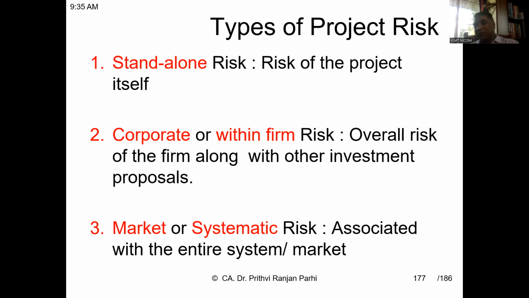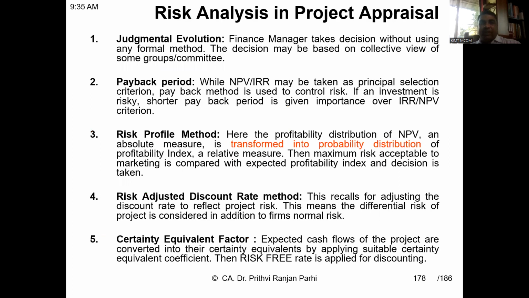This is the risk which is associated with the entire market. So these are the types of risk we see in a project. Now, these are the various methods of analyzing the risk. We'll stop here for the time being.